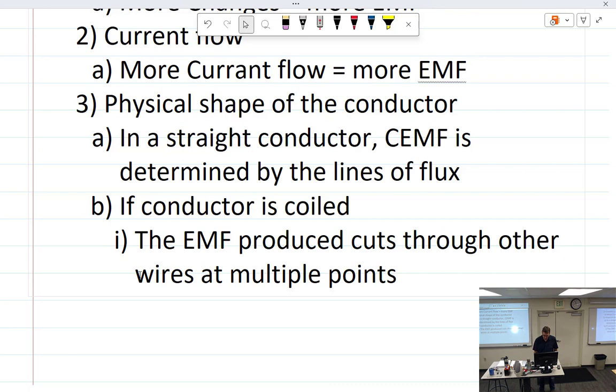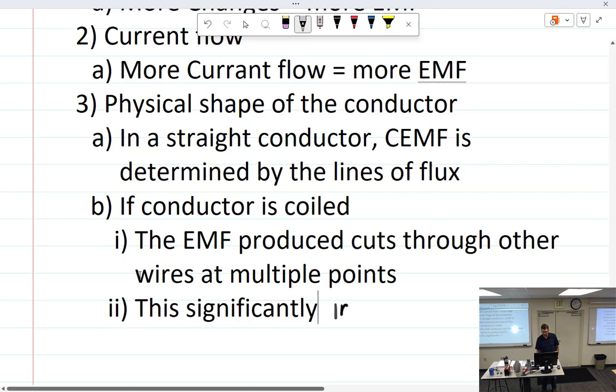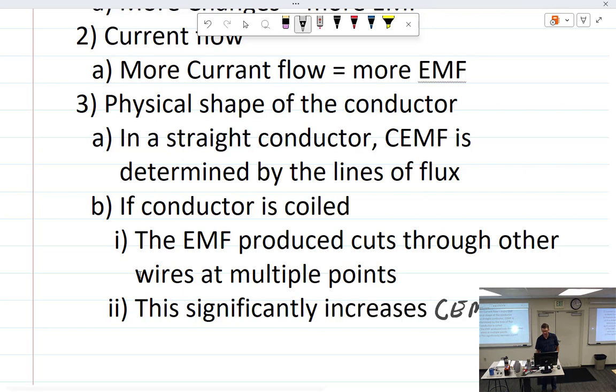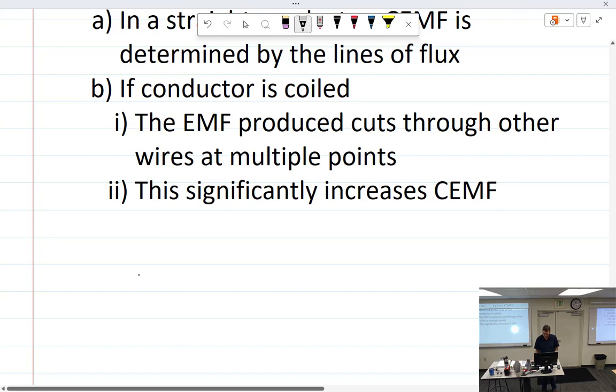So it's like amplified. This significantly increases counter EMF, significantly increases CEMF. So straight wire CEMF is negligible, and coiled wires are not negligible.